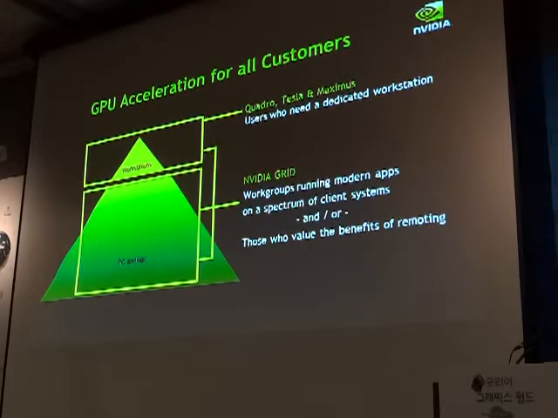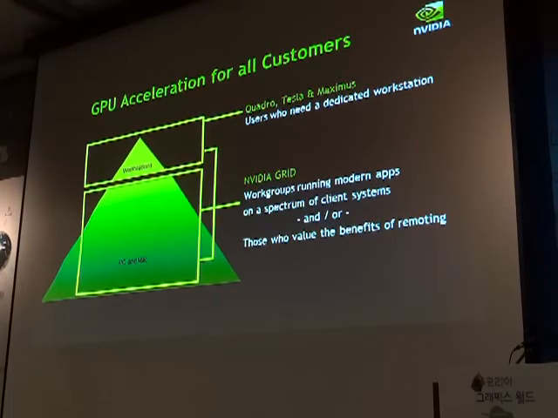To give a number, there are about 700 million enterprise PCs in use today. So this is the potential market you can reach with VDI. This is clearly a very large market. However, to make this happen, you need GPU acceleration in the data center, which is delivered by NVIDIA Grid.